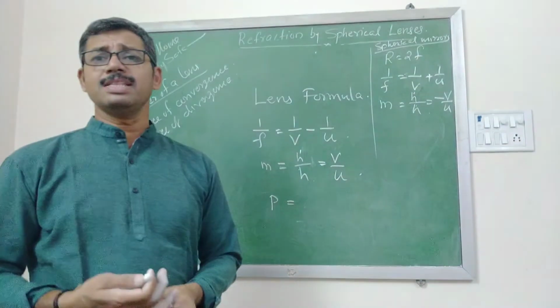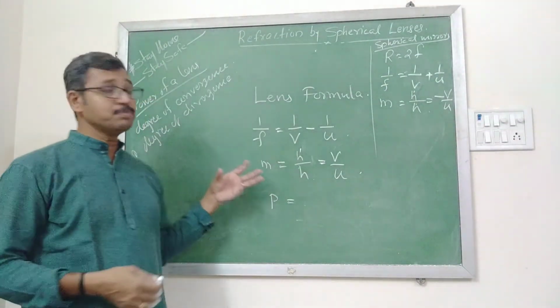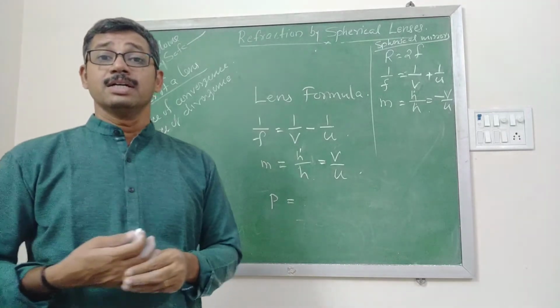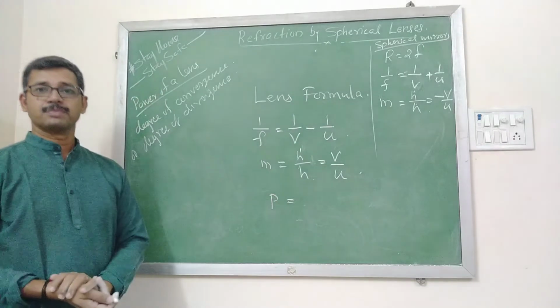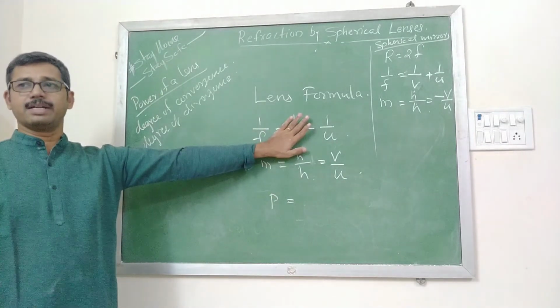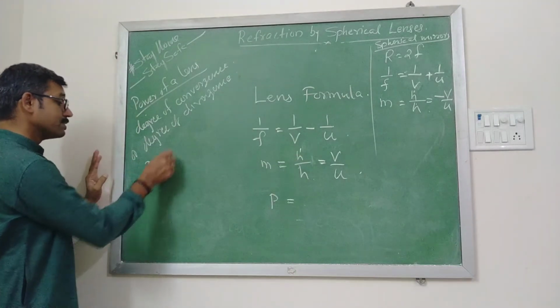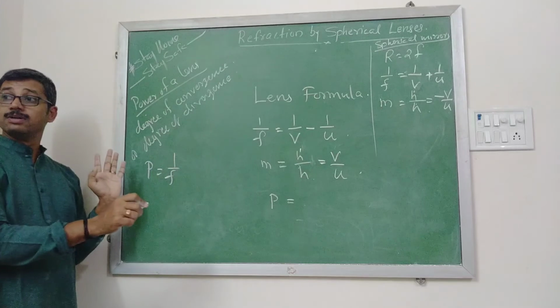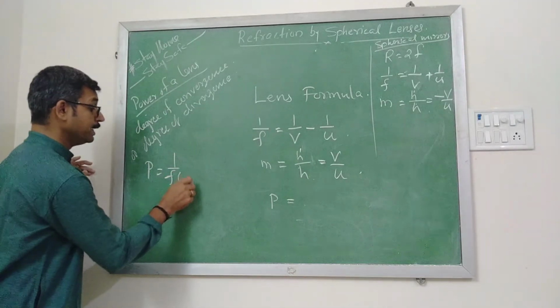Now this power mainly depends on the focal length f. Actually 1 upon f is the power. Power of a lens P is equal to 1 upon f, where focal length is in meters.